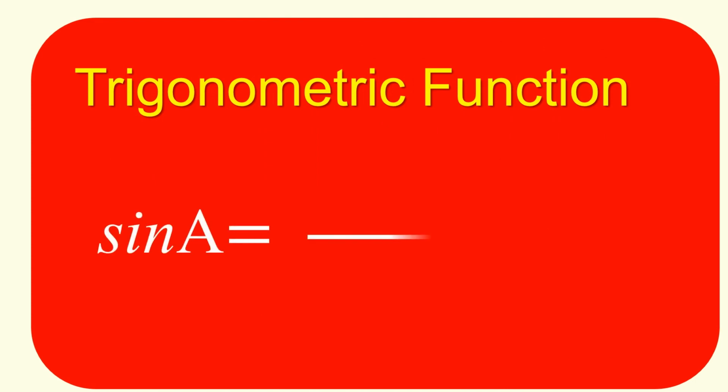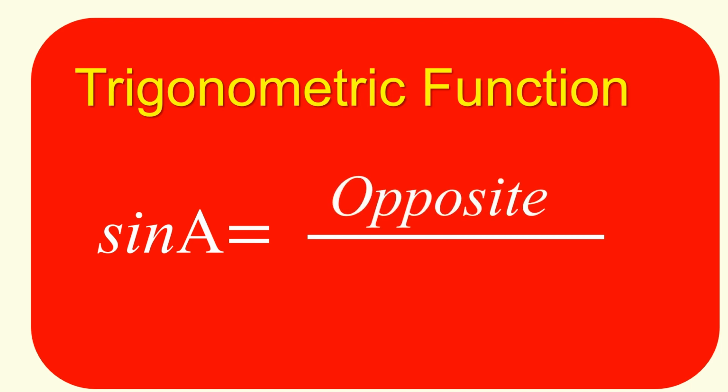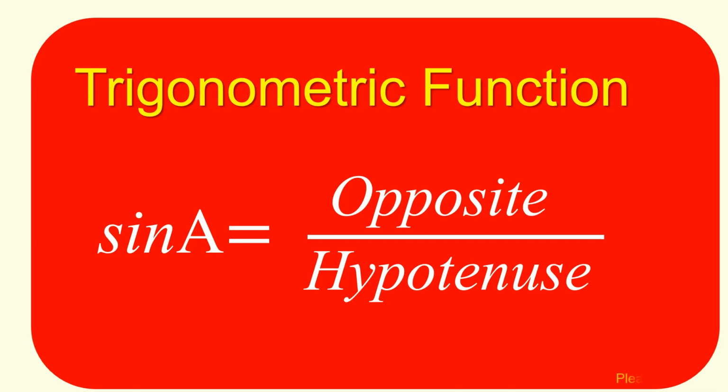Trigonometric function sine A is equal to opposite divided by hypotenuse.